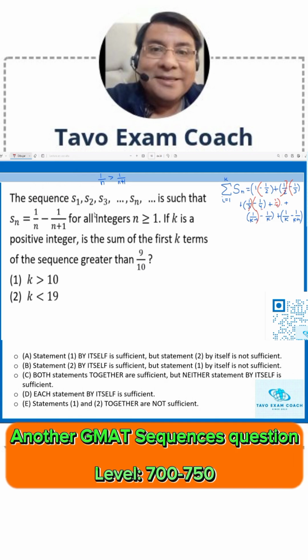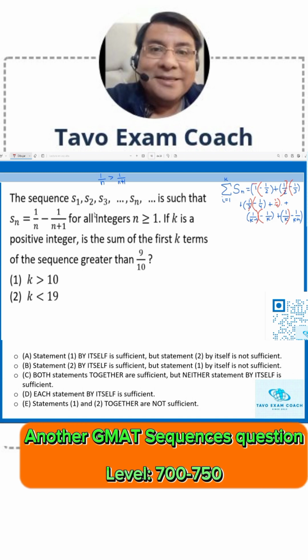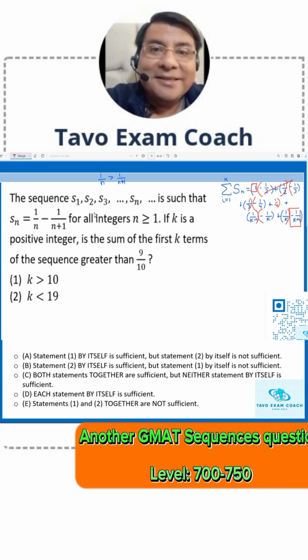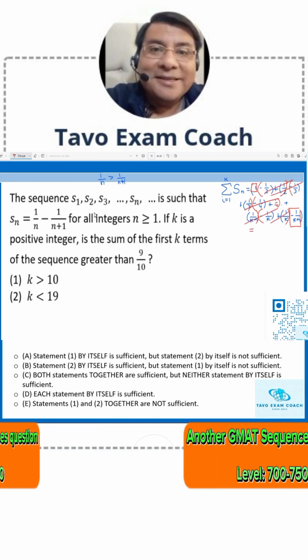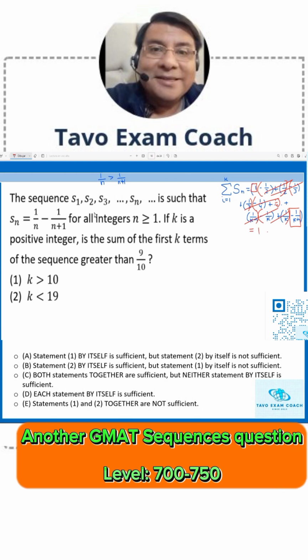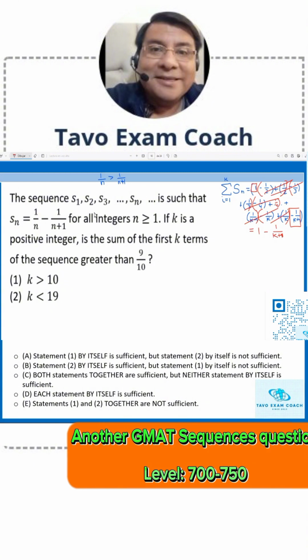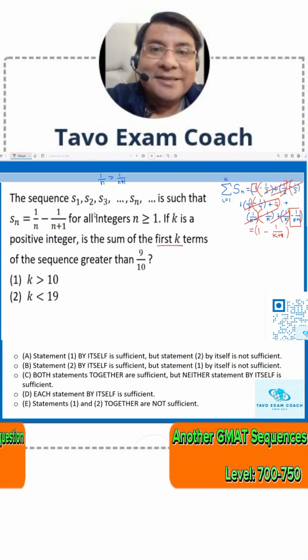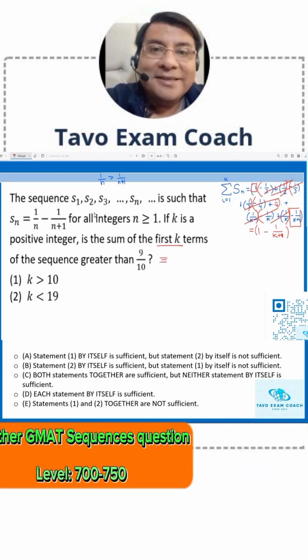So in the end, all terms with the exception of the first and the last are cancelled. All the intermediate terms are cancelled, and the final sum will be 1 minus 1 over k plus 1. So if you want to find the sum of the first k terms, you only need to calculate this expression. Very simple, right? Very convenient.